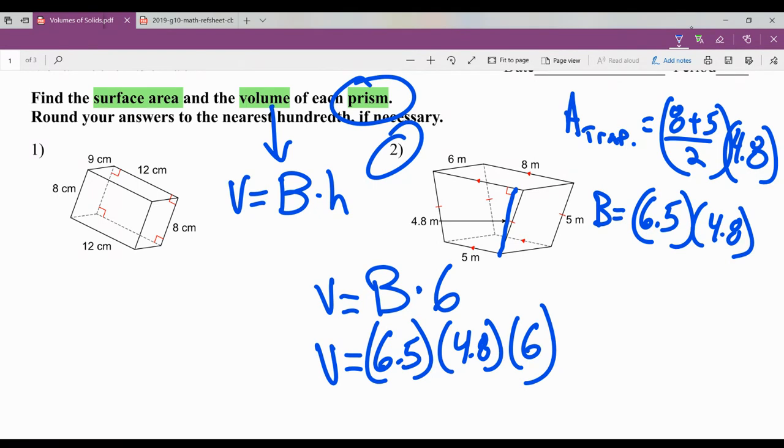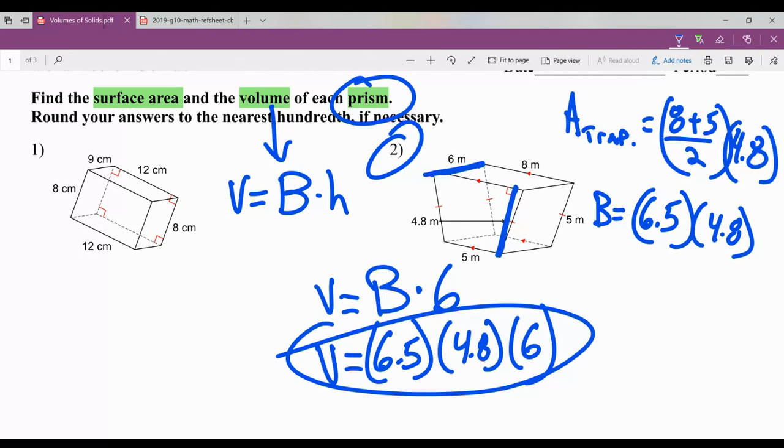If we're talking about a three-dimensional object, the height here is 6, the distance between the two bases. If we're talking about the height of the trapezoid, that's again the distance between the two bases of the trapezoid, and that was 4.8. All right, I'm not going to bother multiplying out that volume. You guys can handle that.